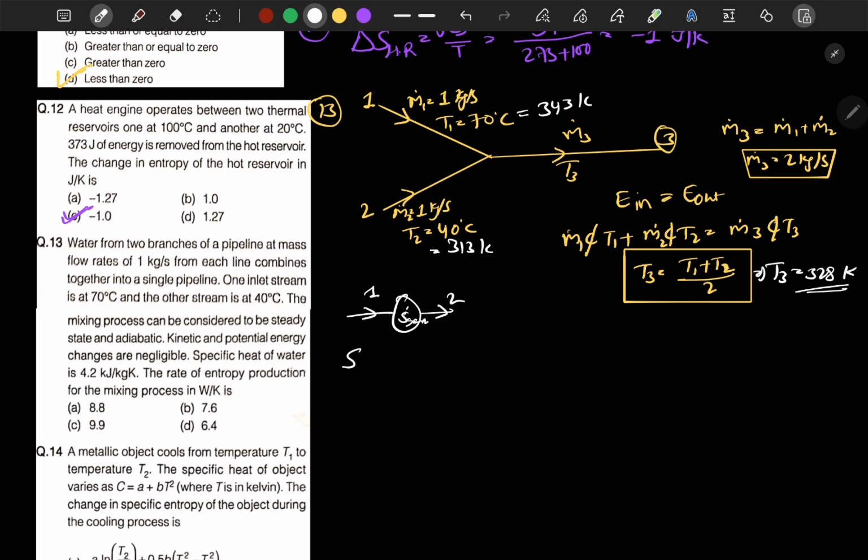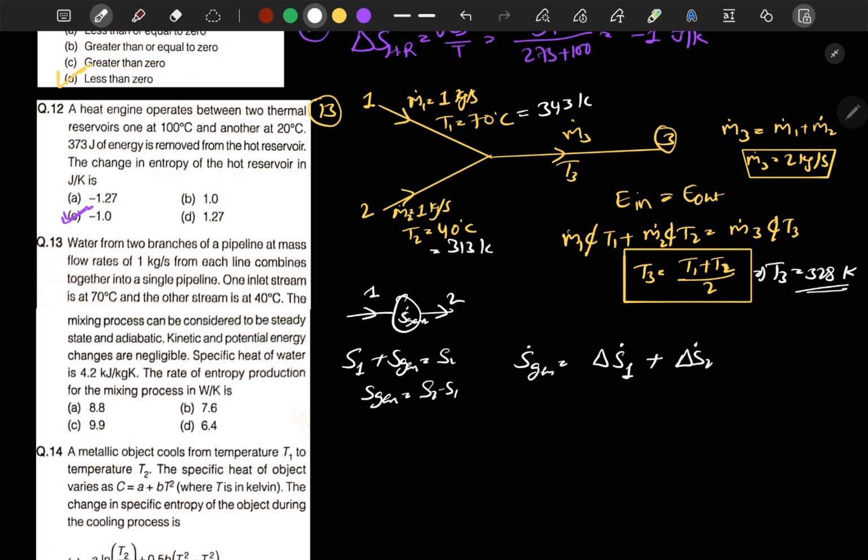So we can write S1 plus S gen is equal to S2, so S gen is equal to S2 minus S1. So our delta S is basically S generation. To calculate the rate of entropy generation, we have to calculate delta S of the system, which, with two fluids, will be delta S1 plus delta S2.